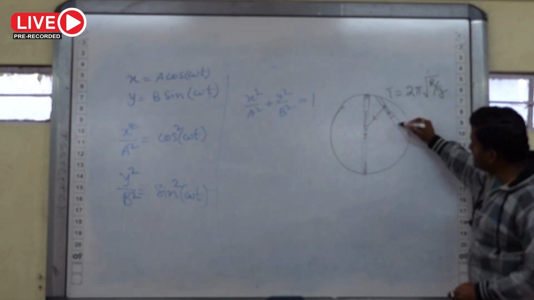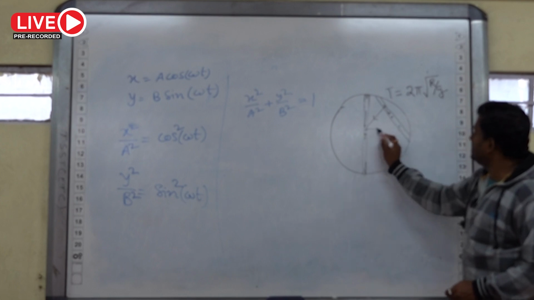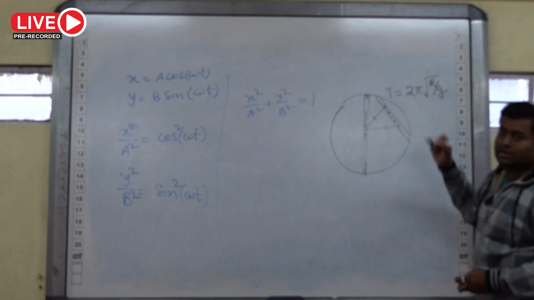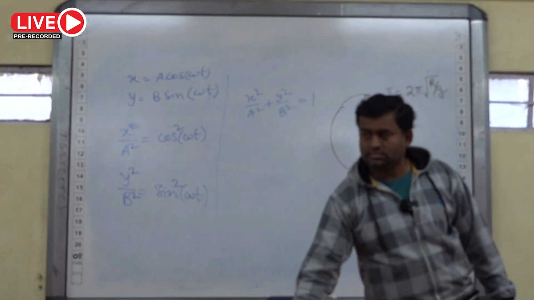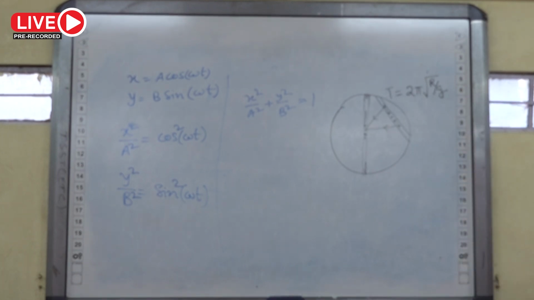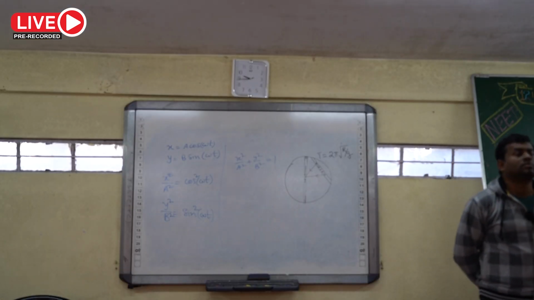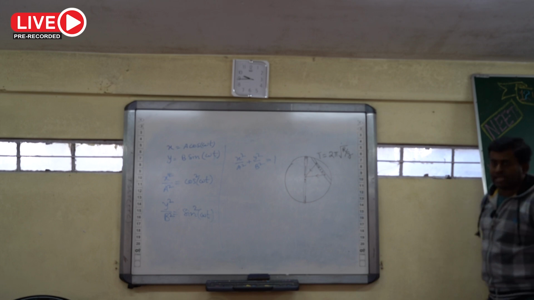Similarly, when it passes this point, the force immediately changes direction and behaves like a restoring force. The tunnel may pass along the diameter or along any chord, but it will oscillate harmonically.